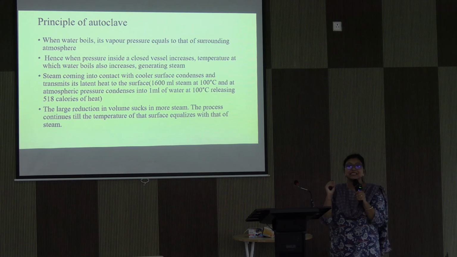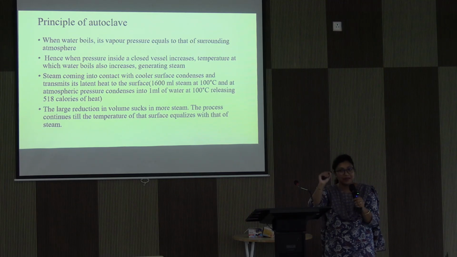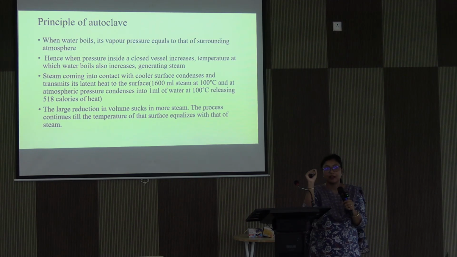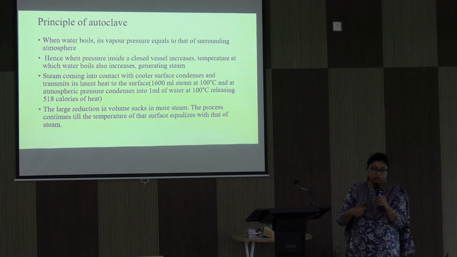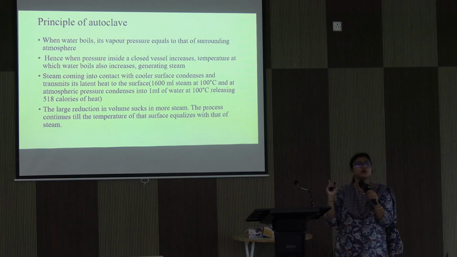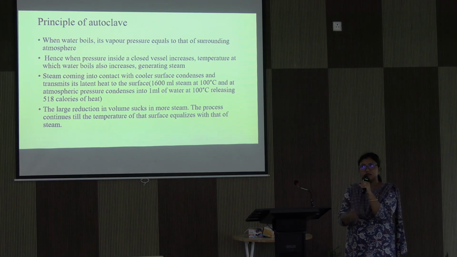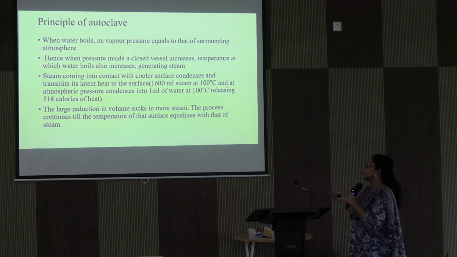Along with this, the principle of either autoclave or hot air oven may come, or if you are not that lucky, what is inspissation or what are the uses of tyndallization. This is just an example. If you can draw the structure of the autoclave, that will be good. Otherwise just write the principle.